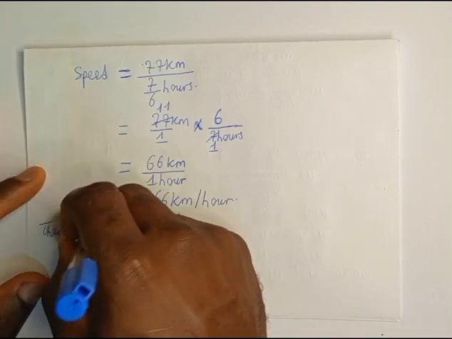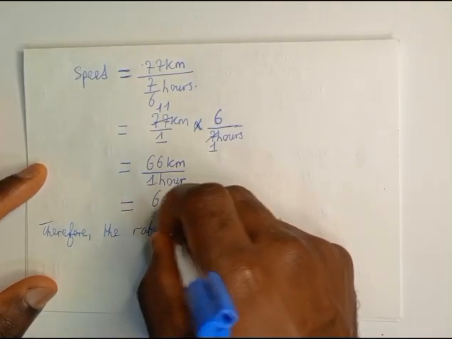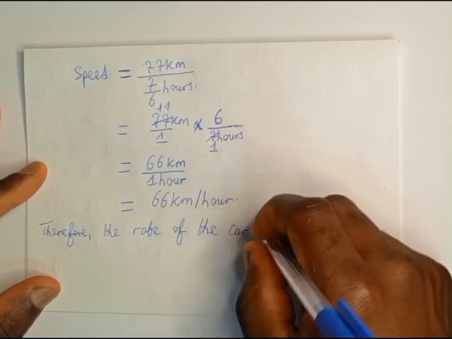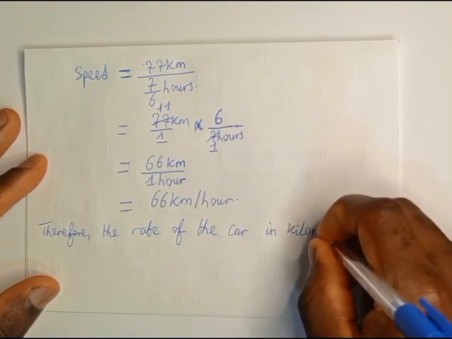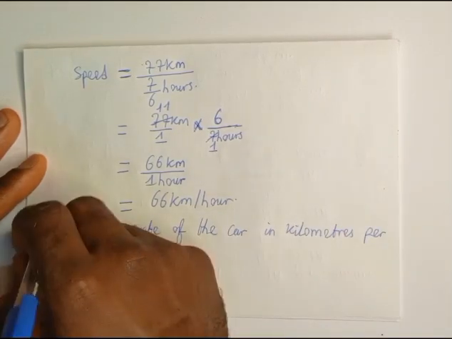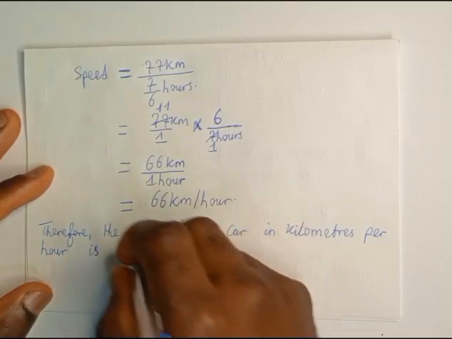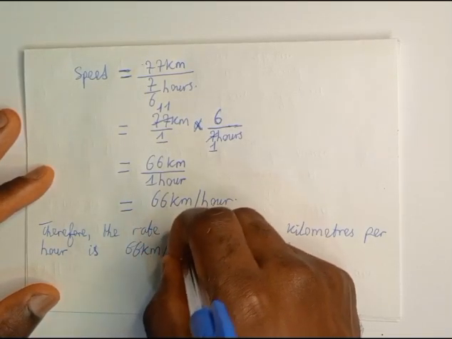We conclude, therefore, the rate of the car in kilometers per hour is 66 kilometers per hour.